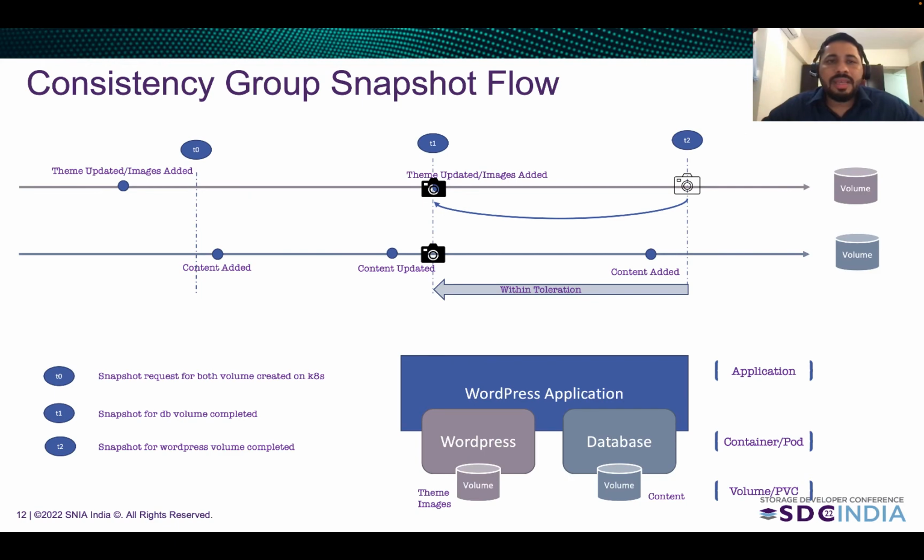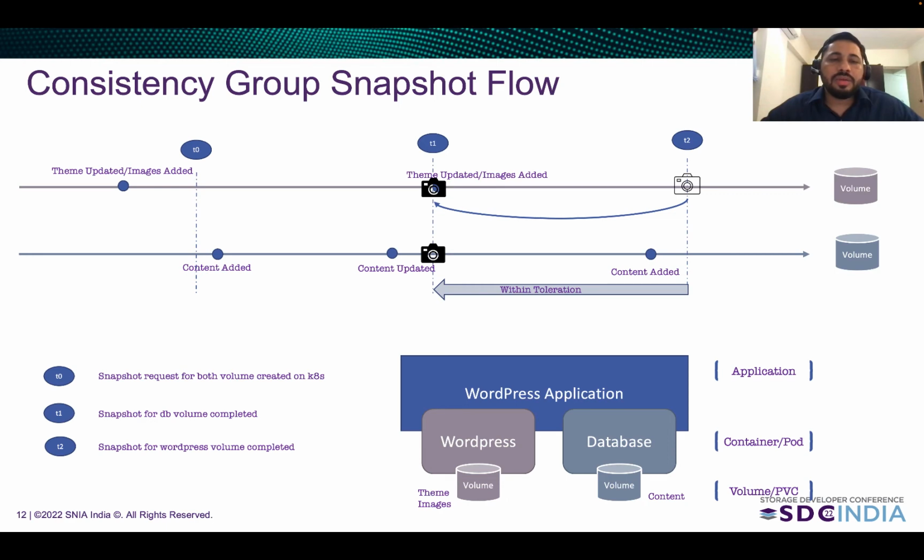Now let's see how the flow will look, or how consistency groups help with consistent snapshots. This is the same timeline we saw in the regular flow. We have two volumes, the database volume and the WordPress volume. The small dots represent the content being changed on those volumes.